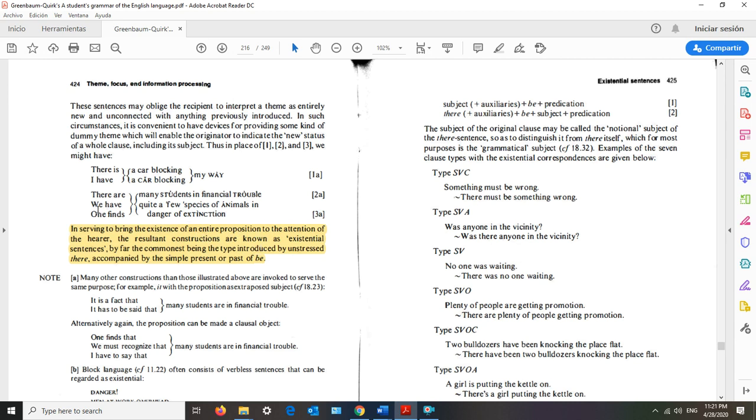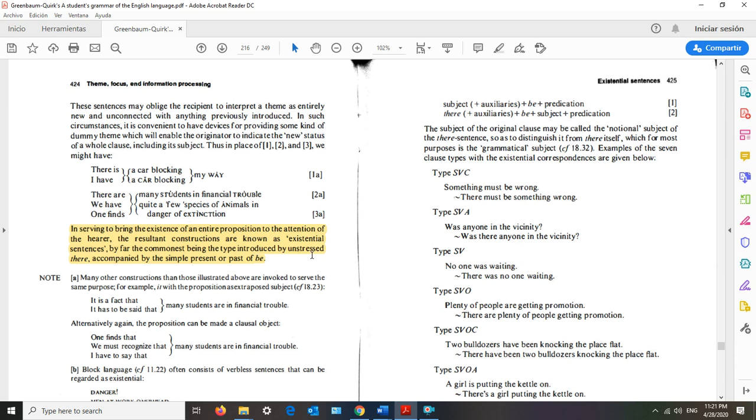And the options are, there's a car blocking my way, I have a car blocking my way, or there are many students in financial trouble. We have quite a few species of animals in danger of extinction, or one finds quite a few species or many students in financial trouble.